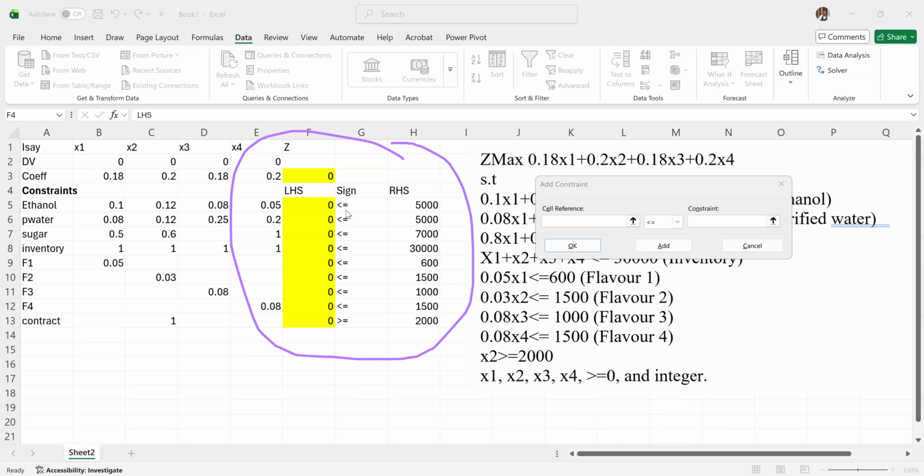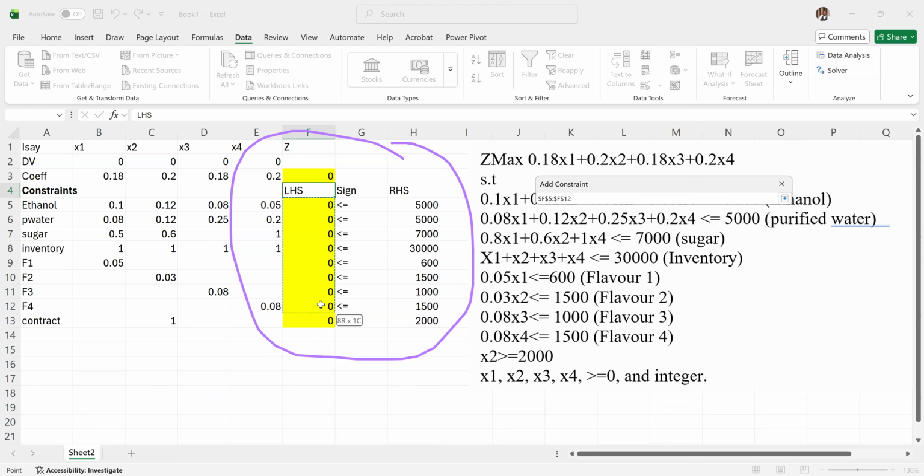Okay, so let's start with the first cell. Look at it, the first 7 constraints, all of them are less than or equal to. So you click the left-hand side, and the left-hand sides are those in the yellow. Then you drag all of them on the left-hand side, but don't do the last one because the last one is greater than or equal to.